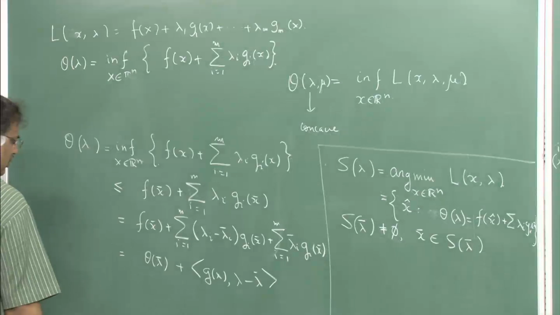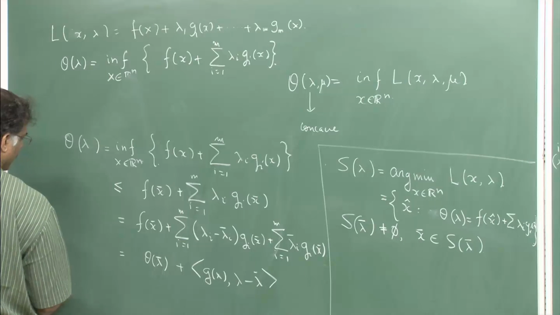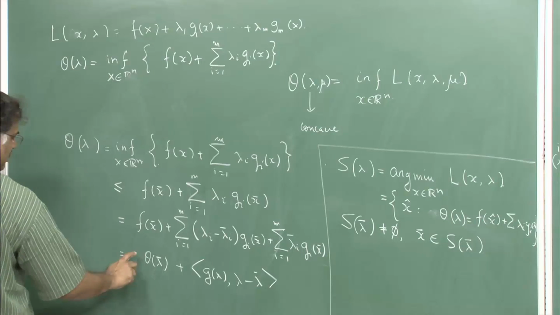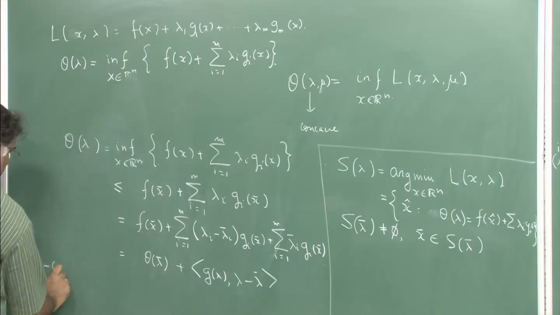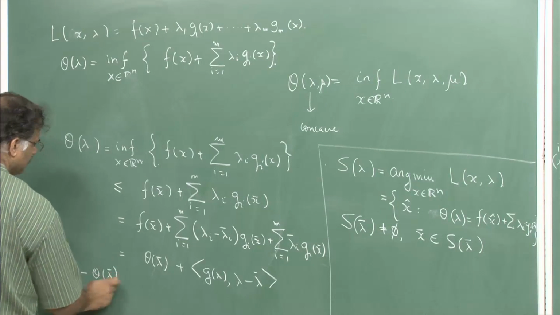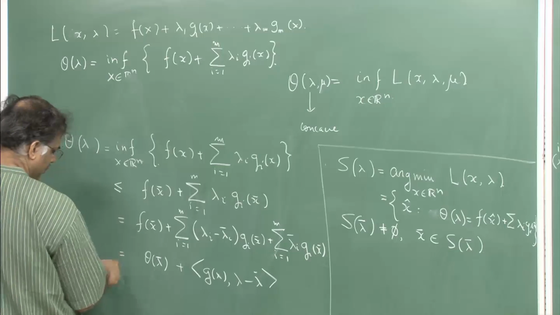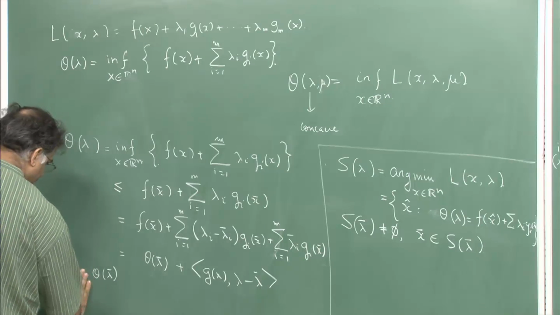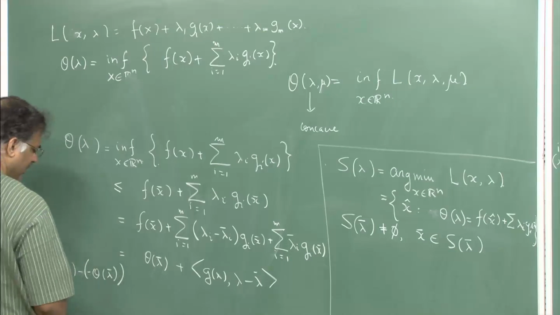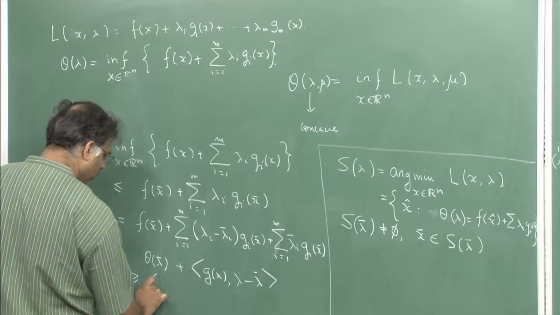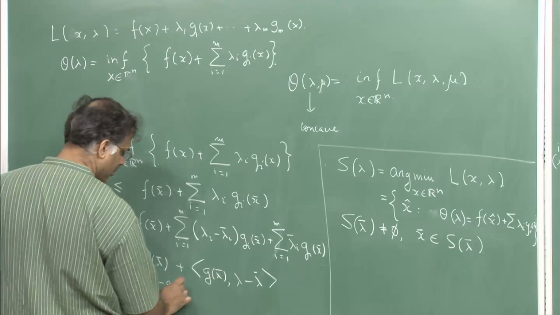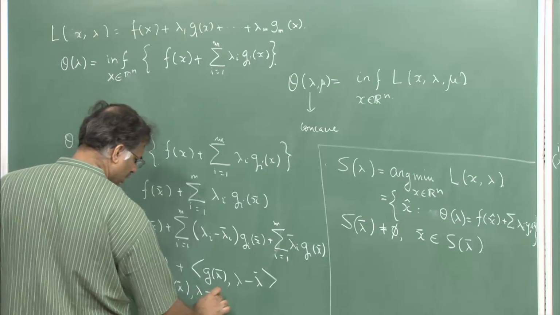Now, what does this show me? If I take a minus sign, then I will have minus theta lambda bar plus theta lambda bar, basically I take it to the other side, and this is greater than or equal to minus g of x bar times lambda minus lambda bar.